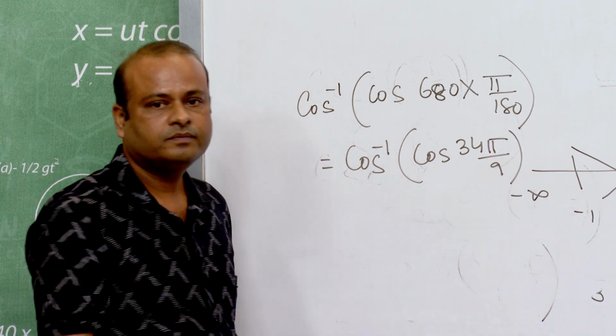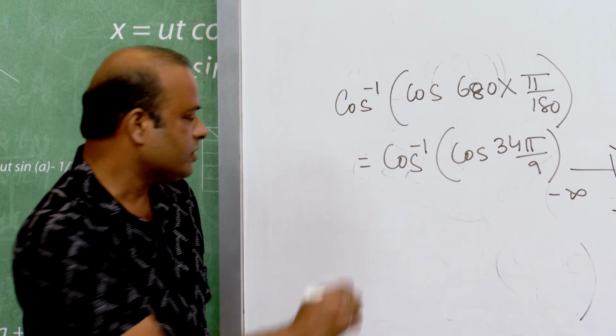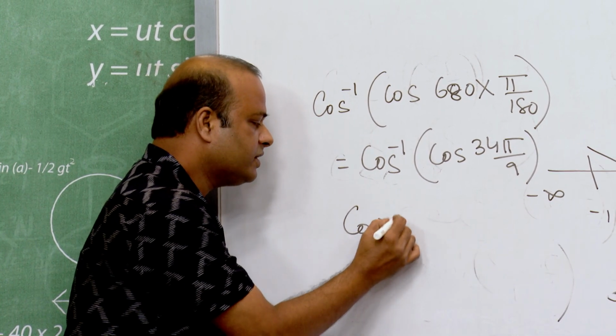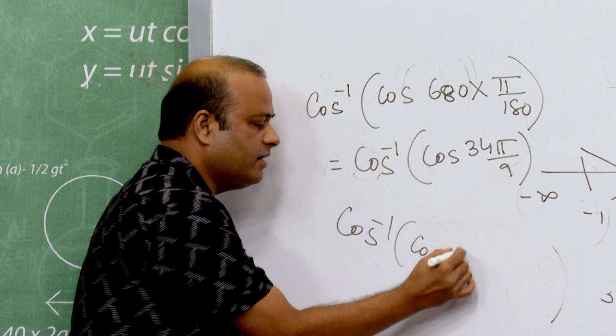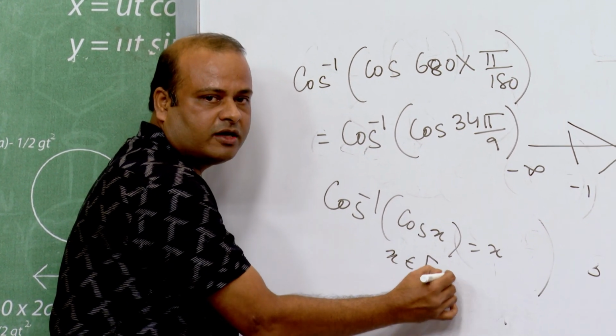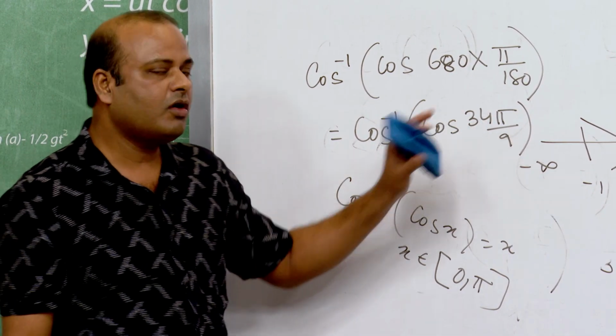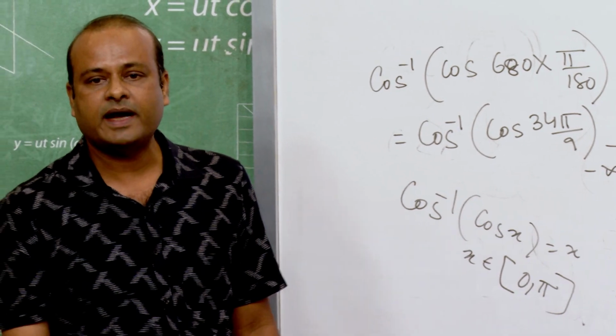But you know cos inverse cos x equals x only if x belongs to the closed interval 0 to pi, and this is not in the closed interval 0 to pi.